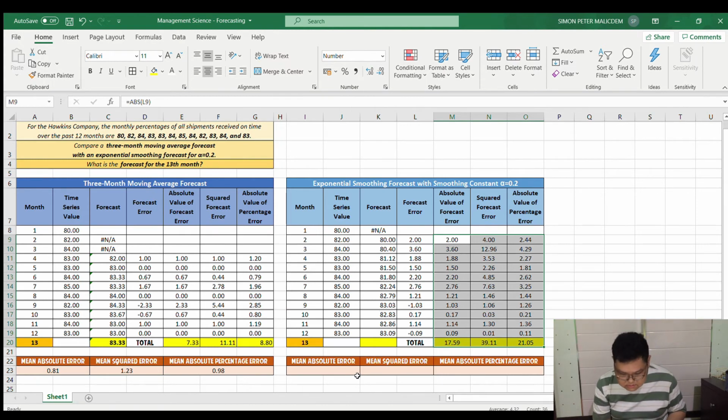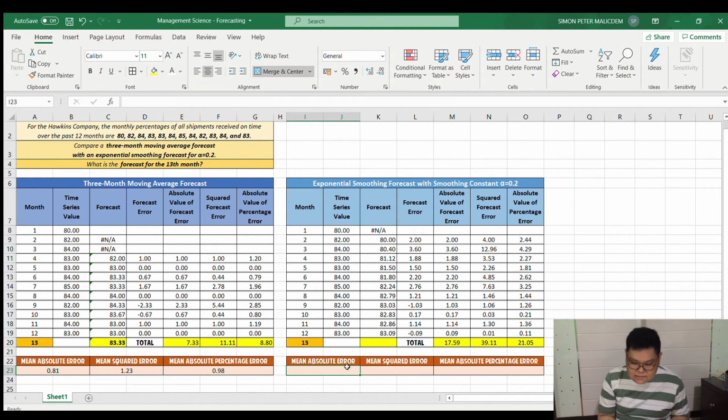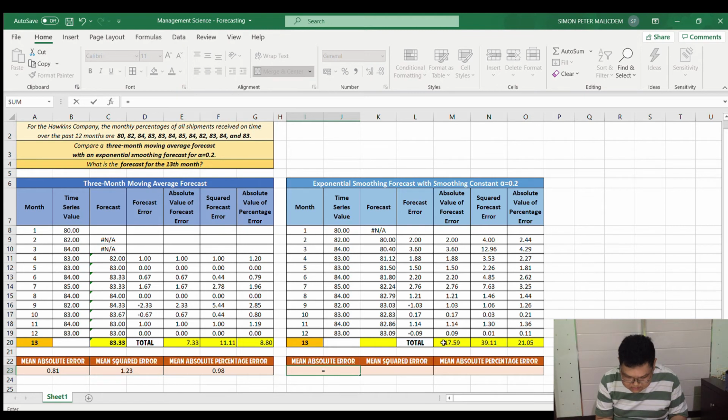Okay, so next, let's solve the mean absolute error. Equals the total, which is 17.59, divided by how many number of errors? Oh, number of forecasts? 1, 2, 3, 4, 5, 6, 7, 8, 9, 10, 11. So we have 11 forecasts divided by 11.